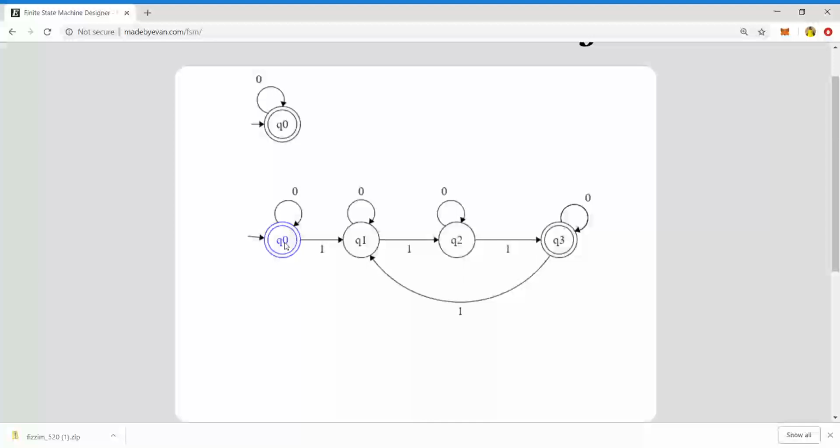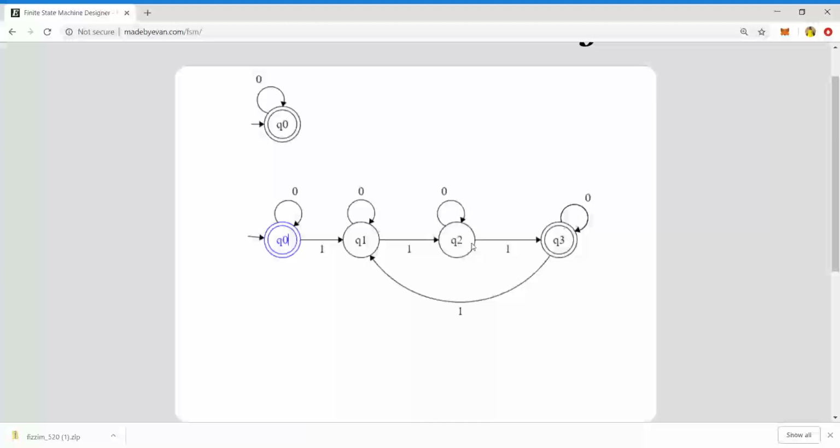Okay, now this is the complete solution, but we can optimize this further, since we have two separate final states. Can we have one final state so we can accept all possible strings? Yes. When we encounter the third one, we are moving to Q3, right? Instead of that, can we move to Q0 again when the machine encounters the third one?